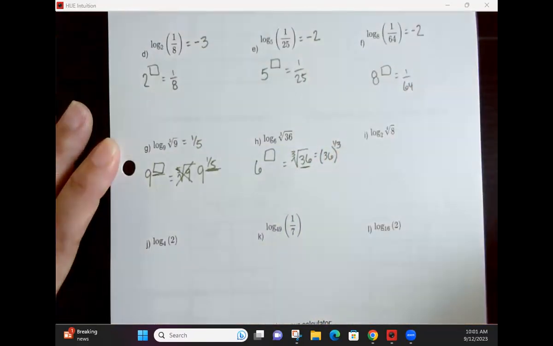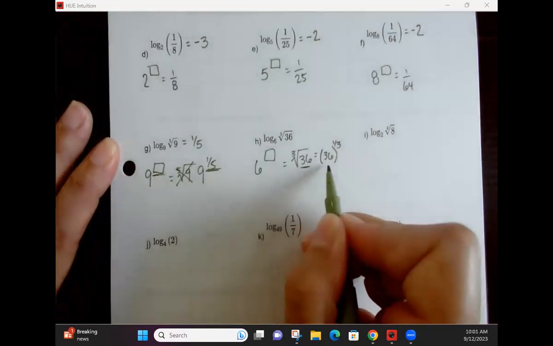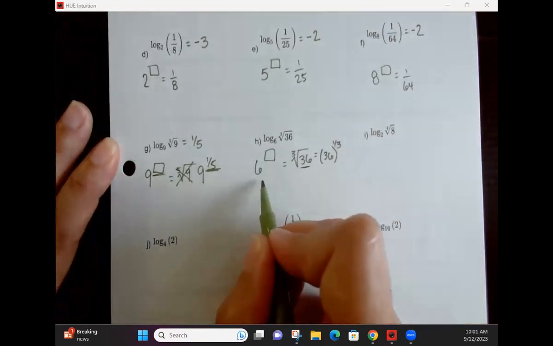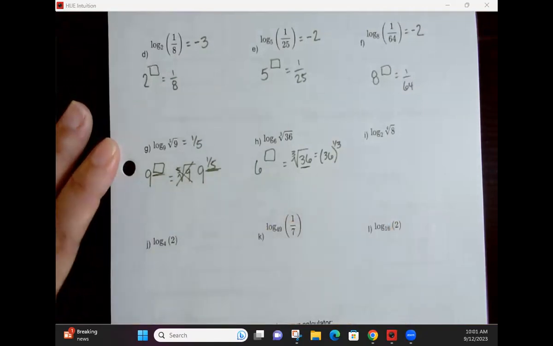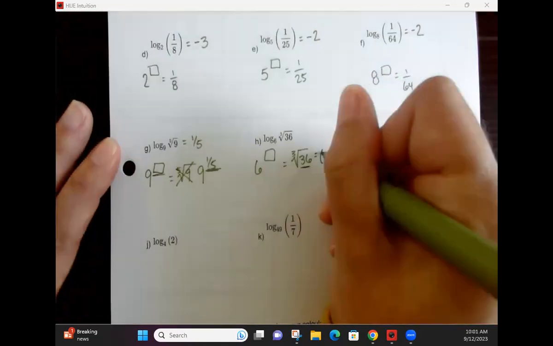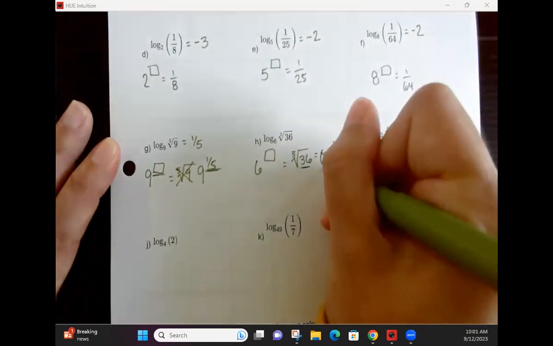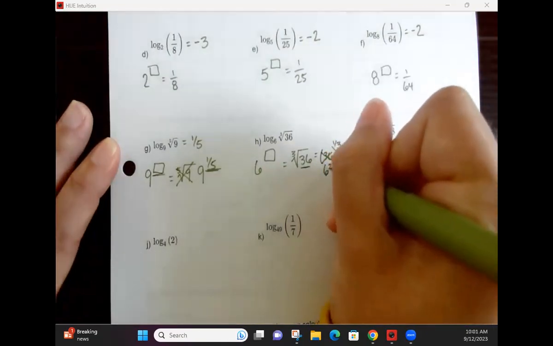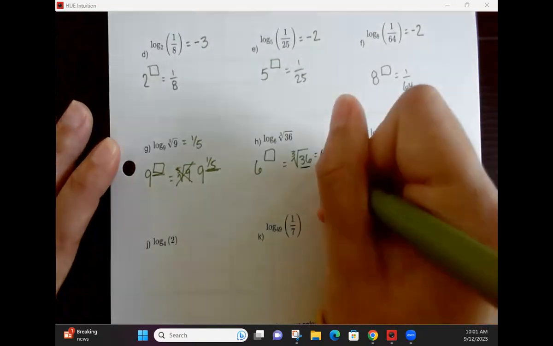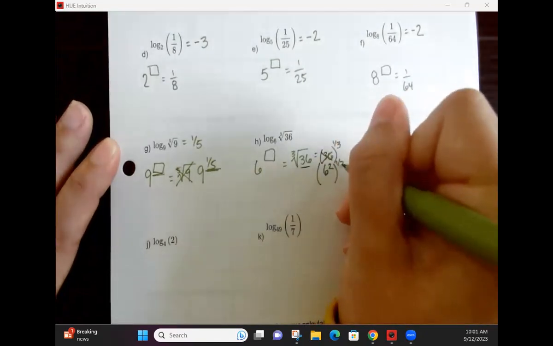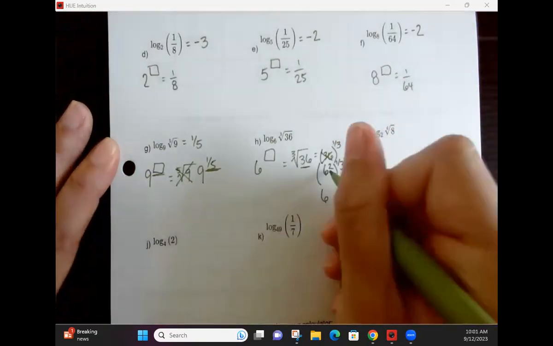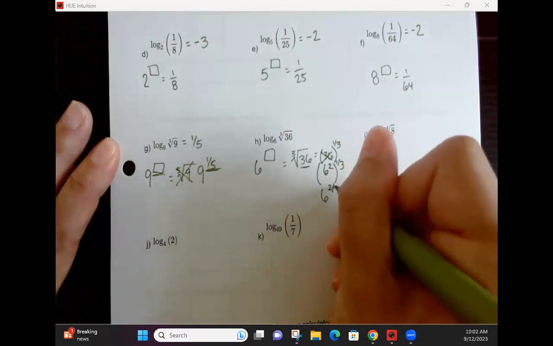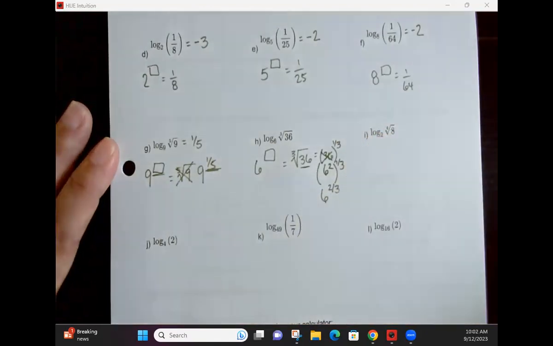And then 36 does not have the same base as 6, but I can rewrite it. And we saw this with a couple of our square root problems earlier in our unit last week. So if I wanted to change it to be a power of 6, it would be 6 squared. So what I have over here is 6 squared, then to the 1/3 power, which I could use my exponent rules to simplify as 6 to the 2/3, power to a power I multiply.